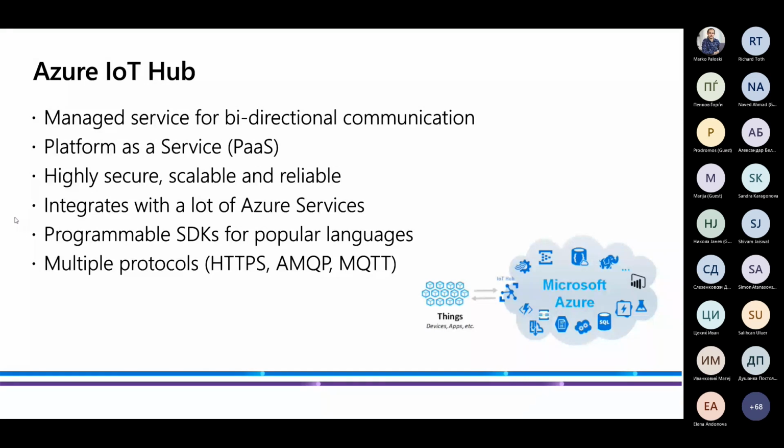Next, it's a platform as a service solution. It integrates with many Azure services, that is extremely important. And next, it has many programmable SDKs for popular languages like C, C#, Java, Python, Node.js, etc. And finally, Azure IoT Hub supports multiple protocols like HTTP, MQTT, etc.